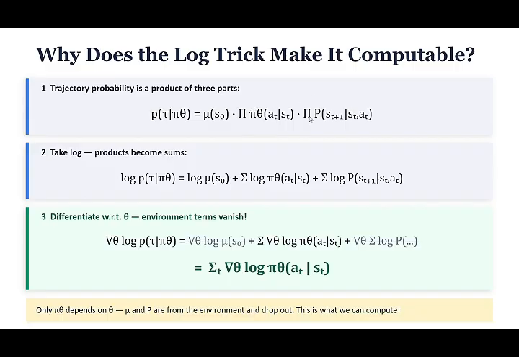And we cannot get this part because it is always unknown to us, but we need something to remove it, so we take the log. Here the product becomes a sum, so we take the log of everything and differentiate with respect to θ.